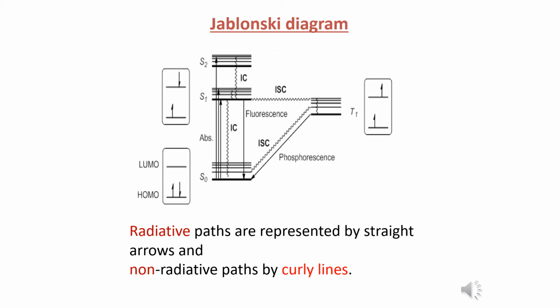T1 is the first excited triplet state and T2 is the second excited triplet state. This diagram shows various photophysical processes: IC, ISC, fluorescence and phosphorescence. All these are discussed in the coming slides.